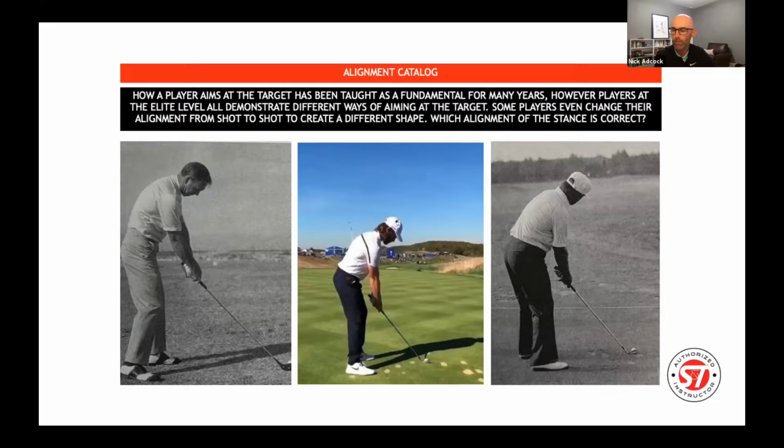And in the middle, we have Tommy Fleetwood aiming straight to hit a push draw. So as a coach, how am I to know which alignment is best for that player? What if I taught Lee Trevino to aim right? Would we know who he was? Would he be selling used cars? So, again, using another variable, it would be dangerous to prescribe that for a player.